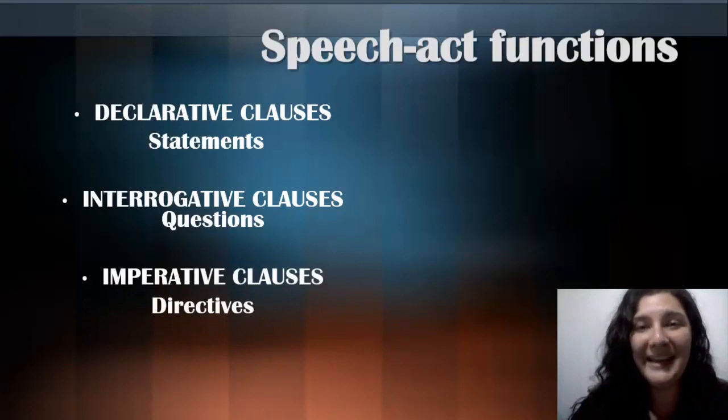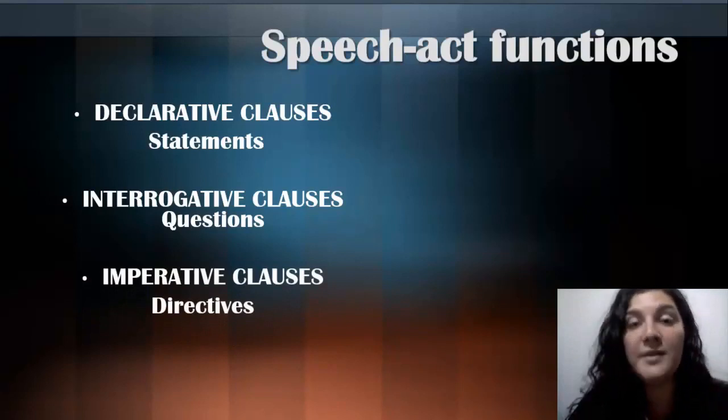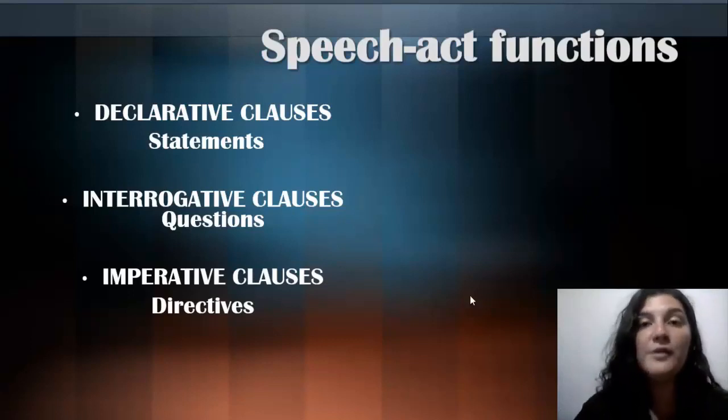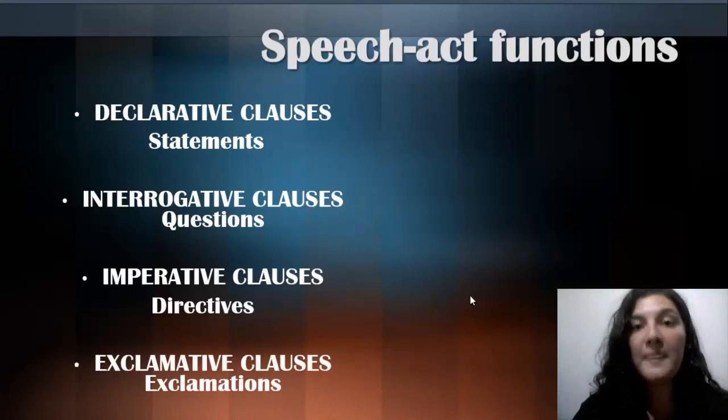When we want to get something from someone, we use imperative clauses and we ask somebody to do something by using directives. And finally, when we want to express an opinion or an attitude towards a topic, we use exclamative clauses. And we show our appreciation regarding that topic by using exclamations.